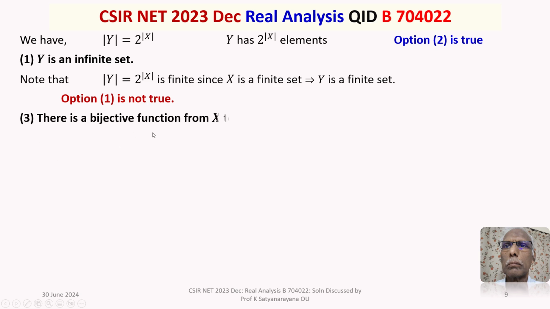There is a bijective function from x to y. If there is a bijective function from x to y, then the order of x must be equal to order of y. But what is order of x? Order of x is n only. And what is order of y? 2 power order of x. That means n is equal to 2 power n.